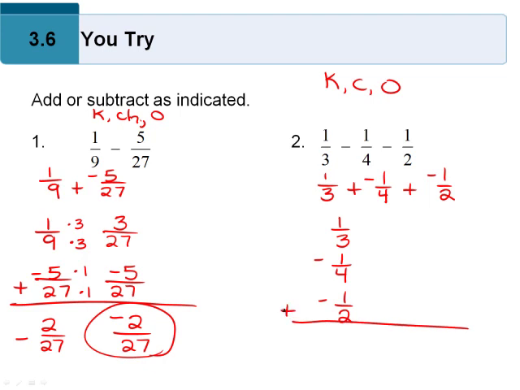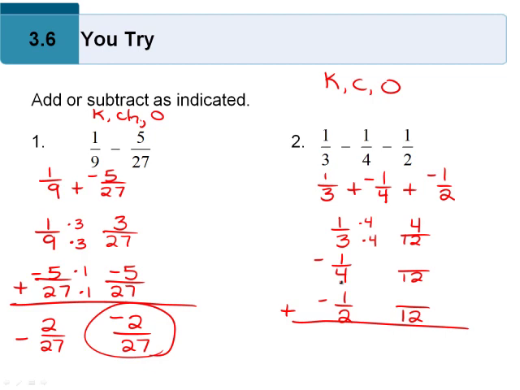Okay, so we've got to find a common denominator for 3, 4, and 2. All of those will go into 12. Usually on these problems, the common denominators are not going to be crazy large. They're going to be pretty normal, okay? So we're going to set up 12 as our common denominator. Go back to the first fraction on top. 12 divided by 3 is 4, so 1 times 4 would be 4.